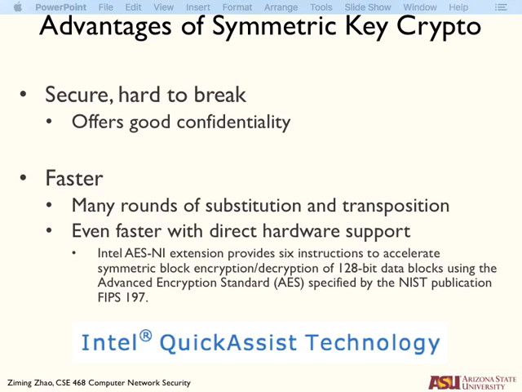So you don't need to implement AES in software again, you just need to issue this instruction. And in our lab, actually, we are testing this new Intel technology called Quick Assist technology. It offers many crypto algorithms, including symmetric algorithms and asymmetric algorithms.